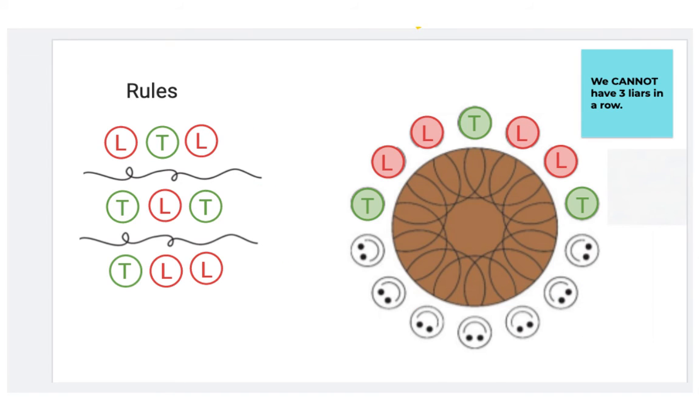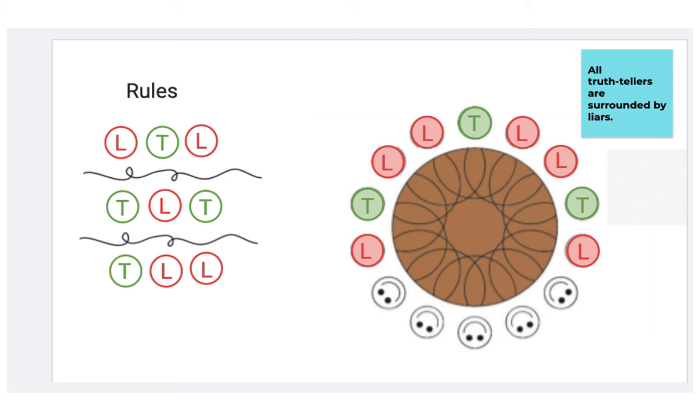Next, we cannot have 3 liars in a row, or else they would be telling the truth that both their neighbors are liars. So, we can only have another truth teller on either side.